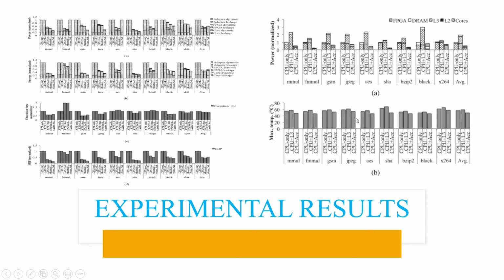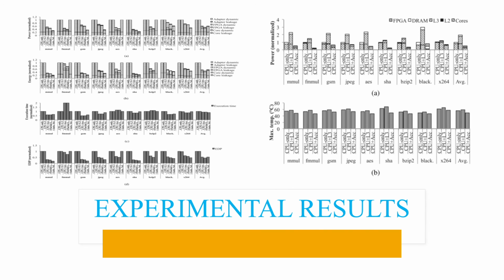This figure shows the comparison of system power of CPU only, CPU plus L3, and CPU plus ACC. We found that CPU plus ACC consumes much less power than CPU only. On average, CPU plus ACC reduces power consumption by 47.5% relative to CPU only.